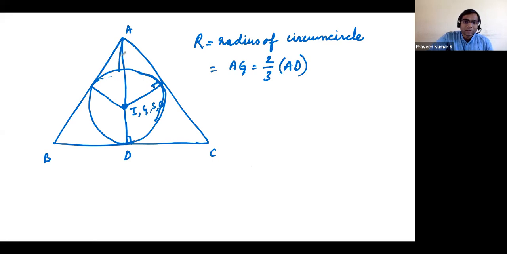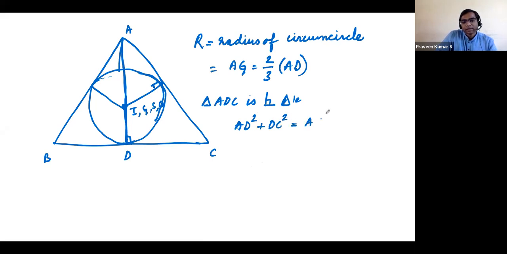And if you observe this AD, triangle ADC is a right angle triangle. So can I say AD square plus DC square is equal to AC square? What will be the length of DC? Will it not be equal to half of the side?